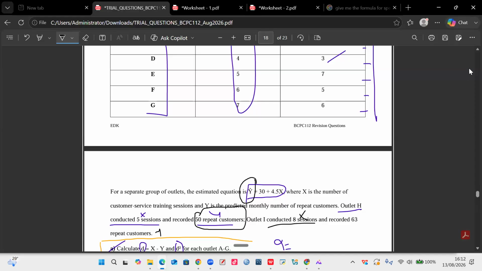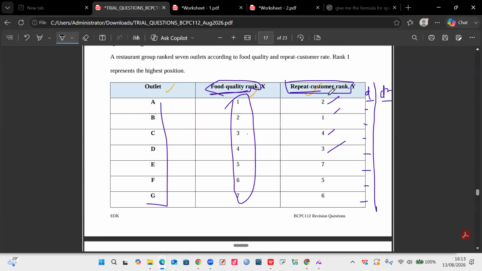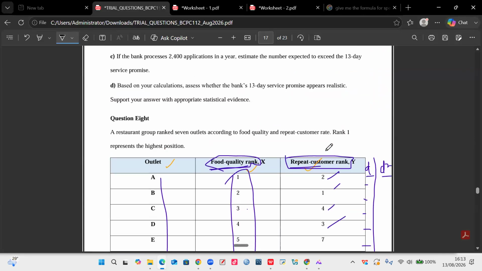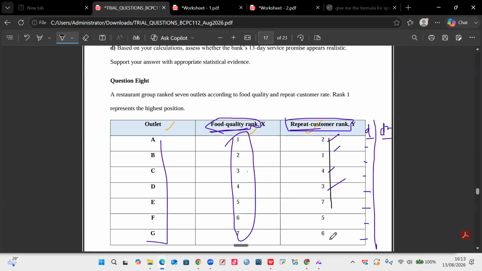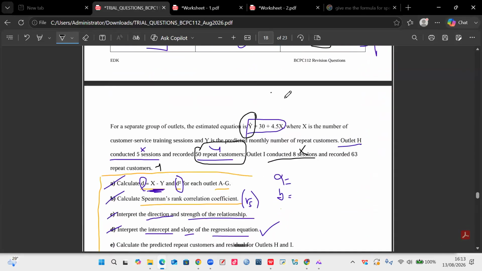So the difference between the capital Y without a hat and the one with the hat is that this one is estimated and this one is actual.